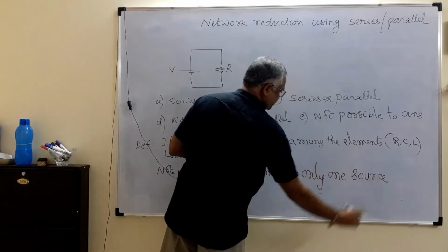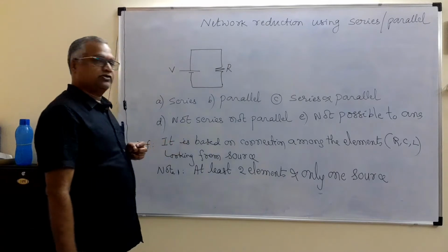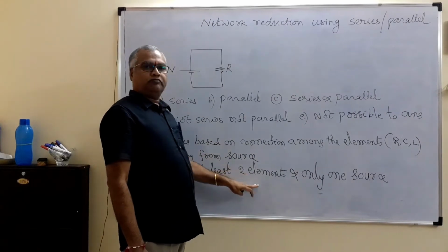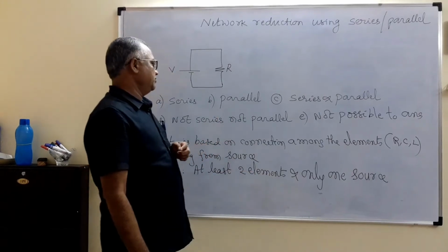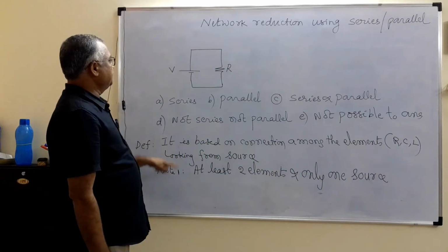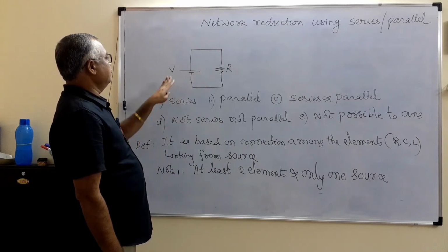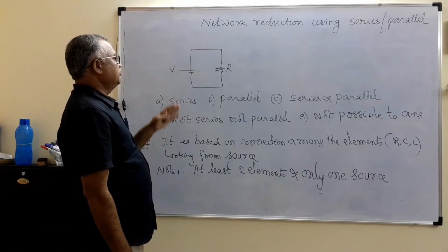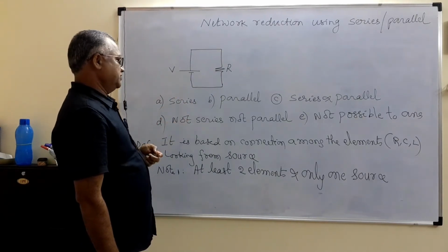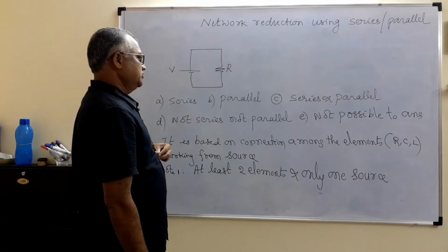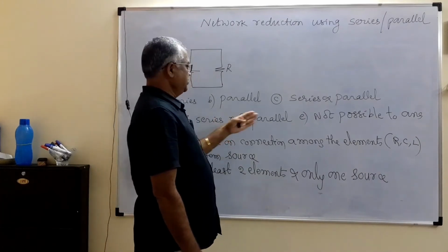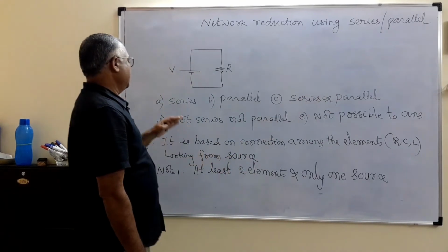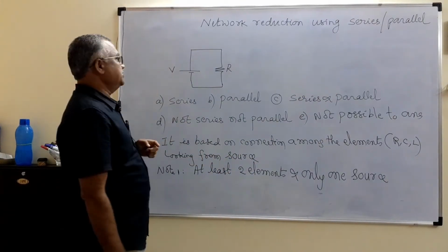Only for a single source can we apply series and parallel, and the number of elements should be minimum 2. Maximum can be any number. So as per this definition, what is missing here? One source is there, but the number of elements is only 1. Therefore we can't apply the definition of series and parallel. So not series, not parallel, we can say not possible to answer, and we should not apply the definition of series and parallel.